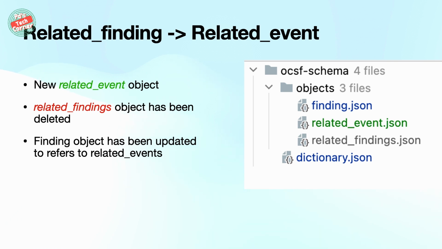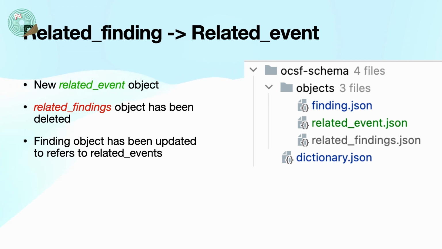Another change that I saw was that related finding has been replaced with related event. It's not just a nomenclature change, but a complete change has been done here. And the basis, which was discussed in issue number 341, was that most of these findings are based on events or activities generated by some other products, so they would probably be referring to some other events.